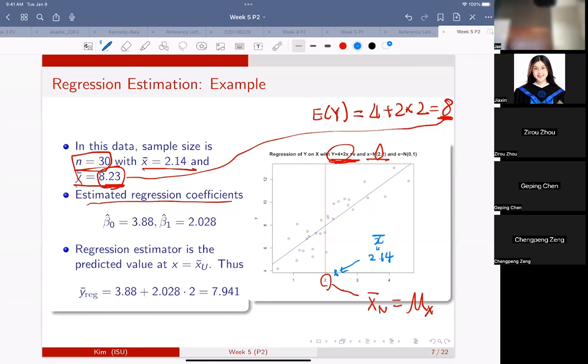So what is the prediction there? This will be the sample mean of Y, which is 8.23, because of the property of the linear regression. Your prediction at the sample mean will be the sample mean of Y, 8.23.